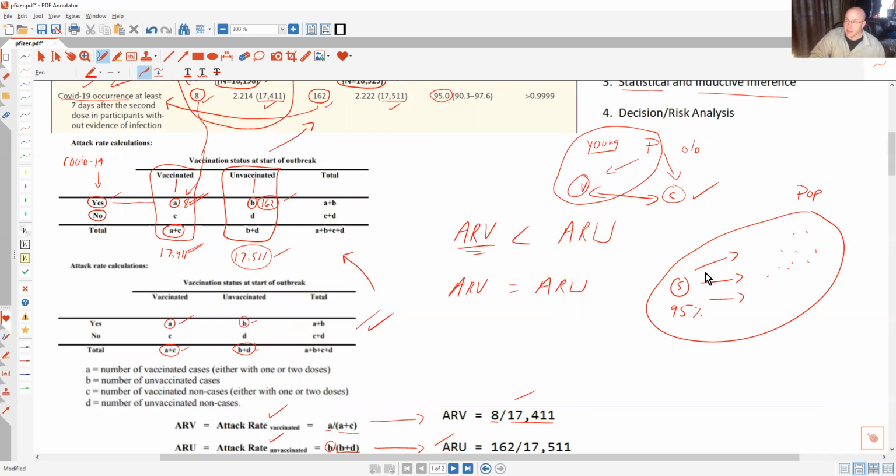And this is where statistical inference becomes very, very useful, because we ask the question, if what is true of the sample, to what extent is that true in the population? And this idea here is that will the 95% figure hold in the population? There's always a little bit of gamble when you generalize from the particulars to that wider set of observations. 95% may increase, it may decrease. They just don't know until they give that vaccine to the population.